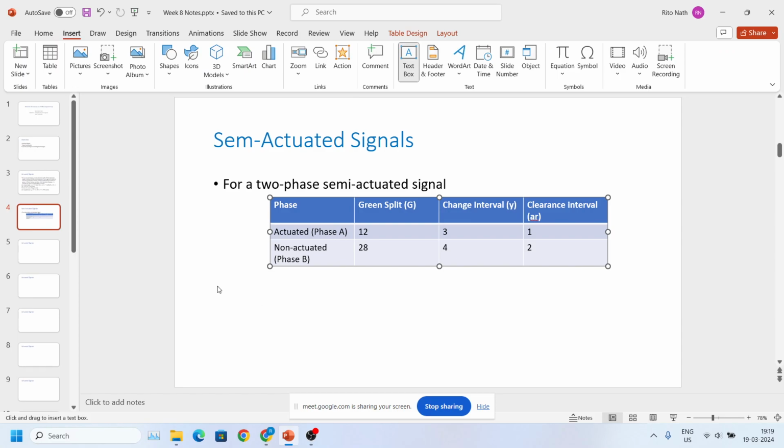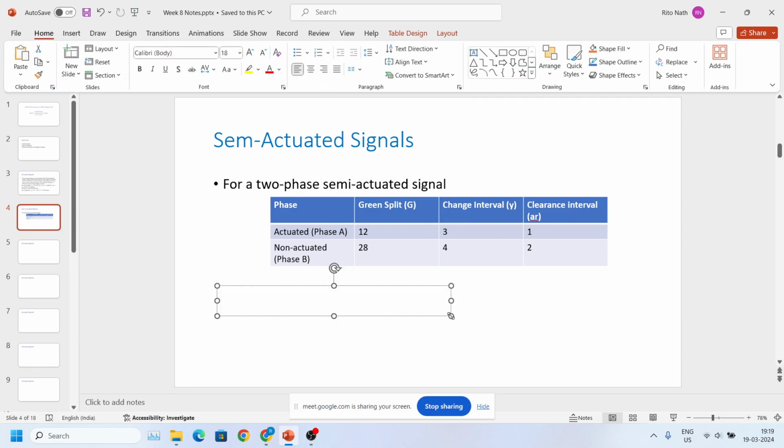Now you're asked, the minimum green time for the actuated phase that's given to you is 8 seconds.